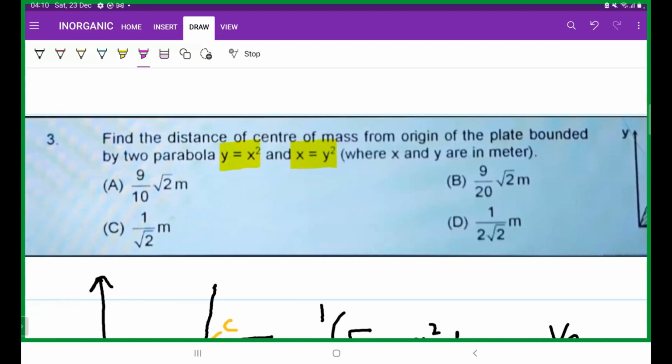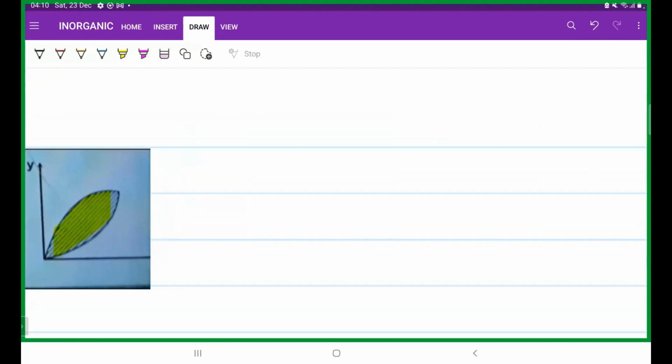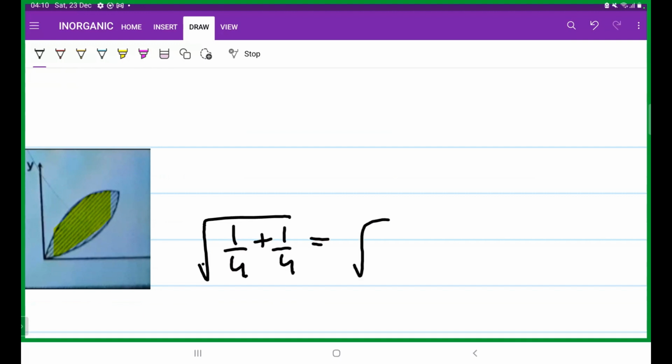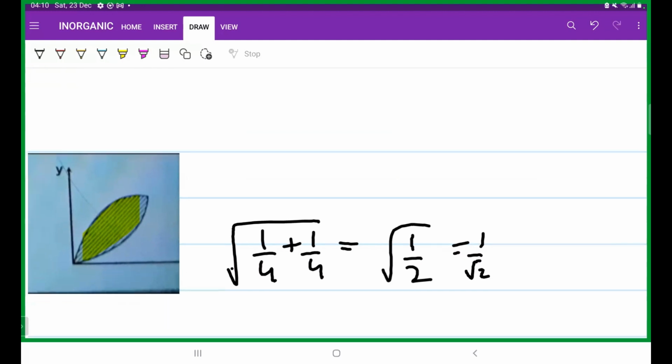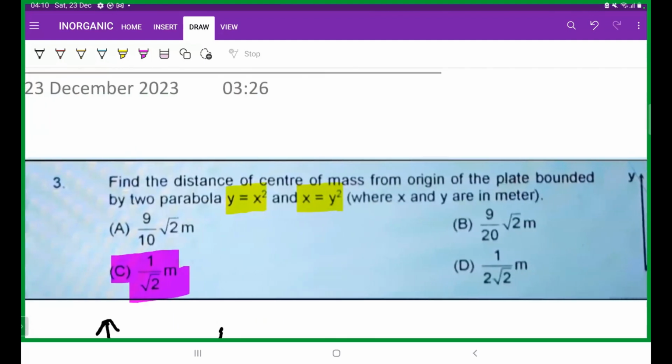The answer is option C. I'm sorry, let me just calculate it once. This will be root 1 by 4 plus 1 by 4, right? Which is root 1 half, which is 1 by root 2. Yeah, so option C is the correct answer. Thank you.